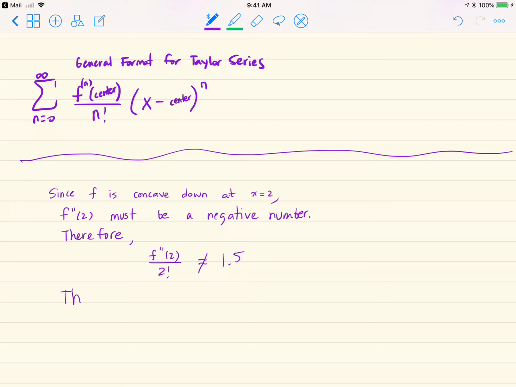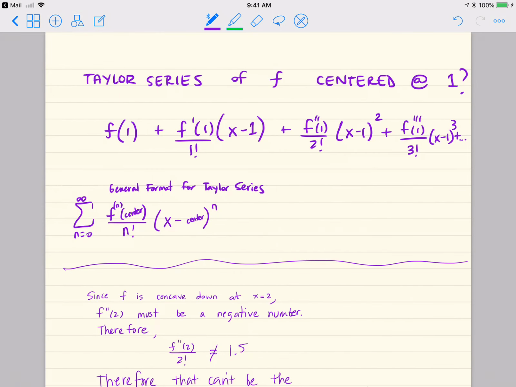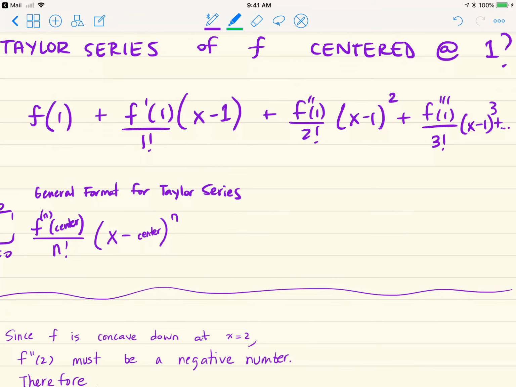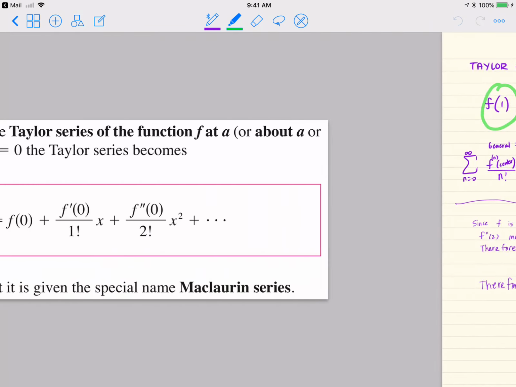Therefore, that can't be the Taylor series of f centered at 2. Because if it's the Taylor series, then we know what the coefficients have to be. That's just what happens when you match up those derivatives. So that's our explanation.